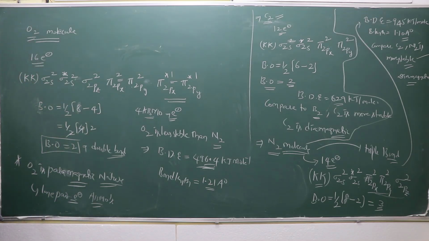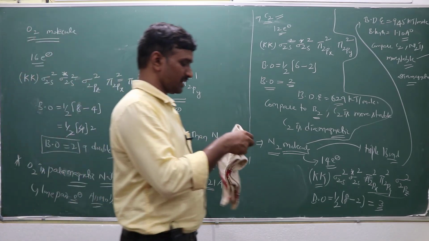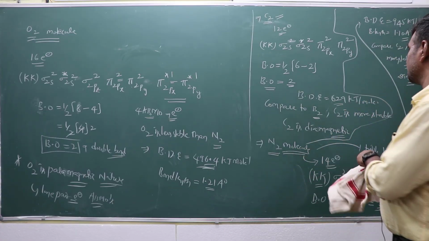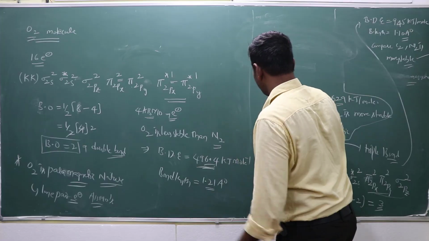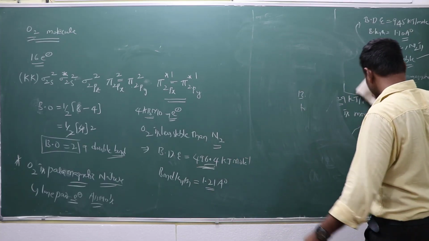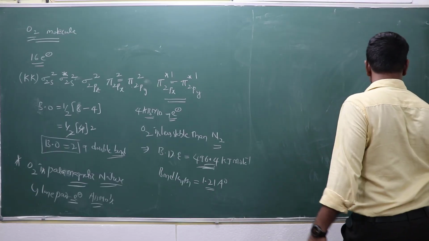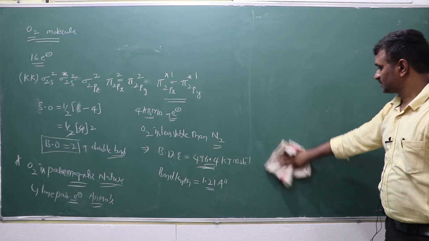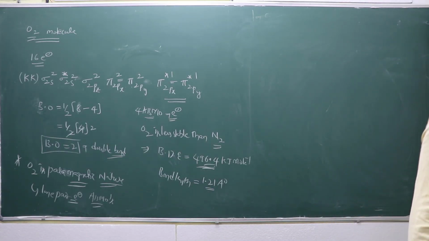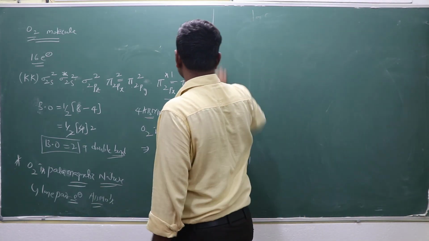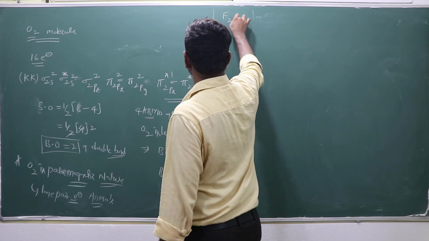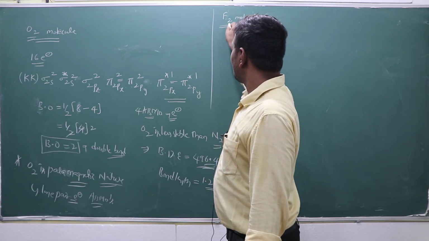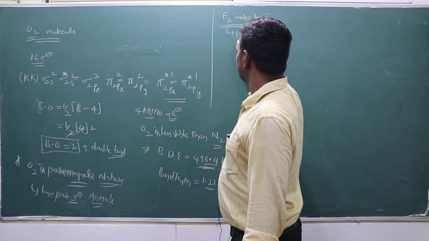So the last one, suppose F2 and Ne2. In the case of the F2 molecule, the atomic number is 9. 2 atoms will be there, so how many electrons?